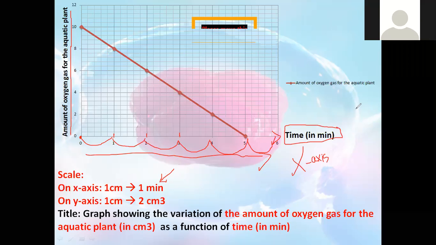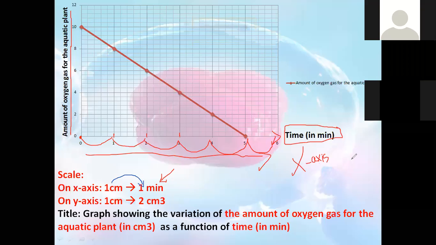Okay, so as Reem said, we moved one by one on the x-axis, right? So every 1 centimeter represents 1 minute. On the y-axis, what do you think? How did we move on the y-axis? We moved by 2. So we moved 2 by 2.